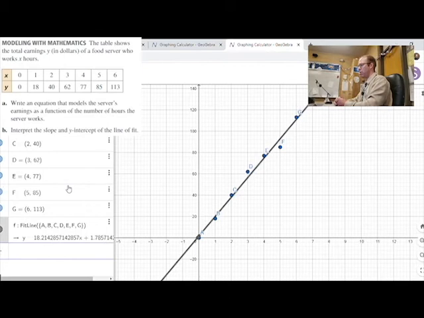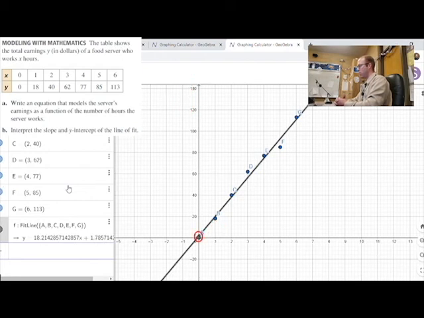Next, we are to interpret the slope and the y-intercept of the line of best fit. So our slope is rise over run. That means it's 18.2 over 1. So every time we go over 1, which means we worked one more hour, we go up by 18.2, which means we earn $18.20 more. That's our rise over run, and our slope tells us how much we earn each hour.